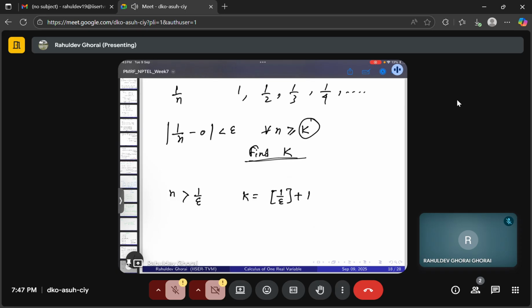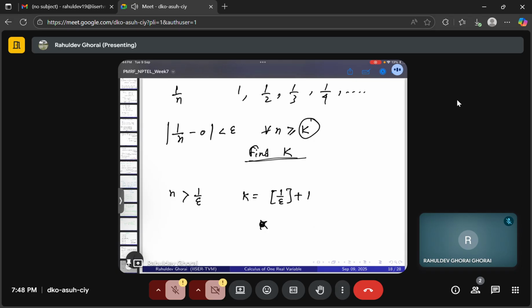See, 1 over epsilon is the greatest positive integer less than epsilon. So what you can say is that n is greater than 1 by epsilon plus 1, that you can write, right? Okay.